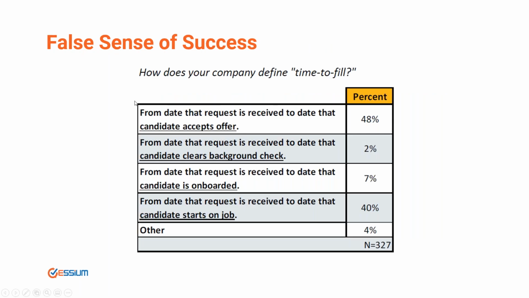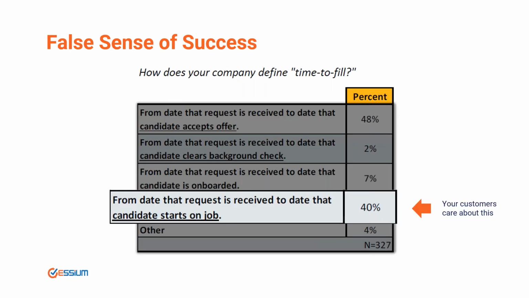And then the final one that I thought was interesting is a bit of a disparity as to where success is being measured. There's clearly a lot of firms that say, well, we've succeeded when we've got the offer accepted versus when they actually started. But your customers are going to be measuring you on, well, if the person's not here doing the work I need, you didn't fill the job, so that doesn't really help me.